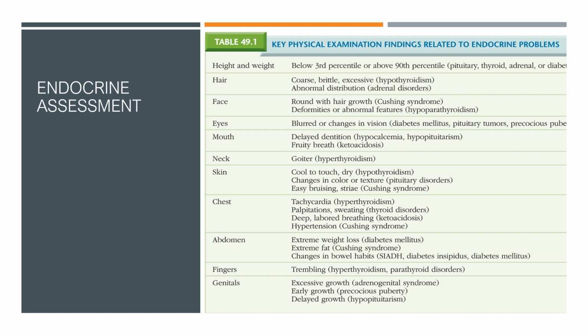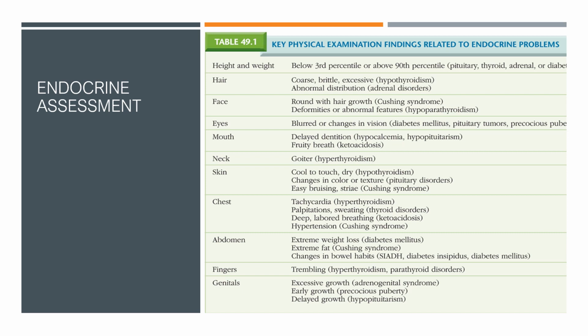Hypoparathyroidism tends to lead to features that are abnormal or deformed. In the eyes, there's going to be blurry vision, changes in vision, just like with diabetes. We might see with disorders like hypocalcemia or hypopituitarism that their teeth grow in really late.